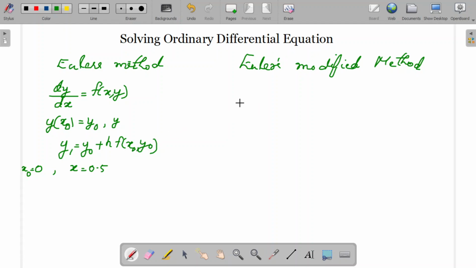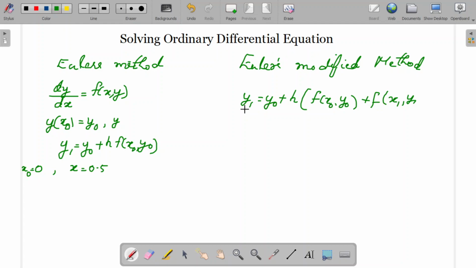So I'm going to modify this formula: we can find the value of y1 using the formula y0 plus h into the mean value of f of x0, y0 and f of x1, y1. You can get confused here also.